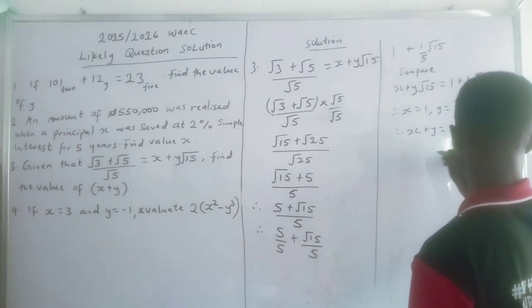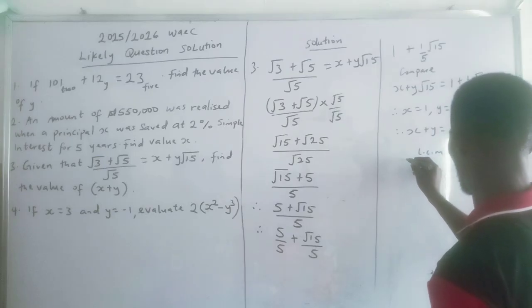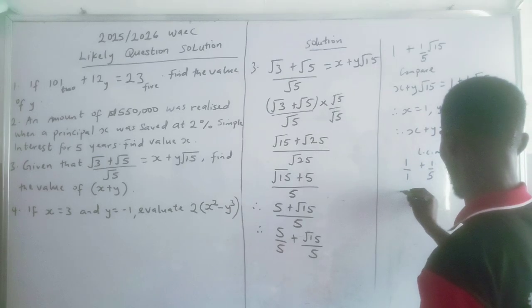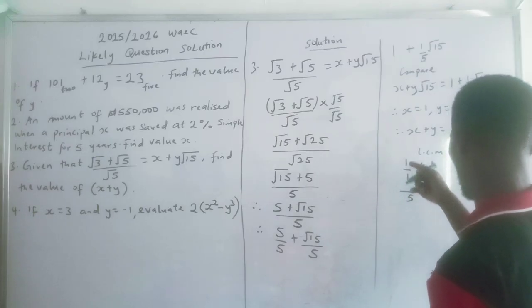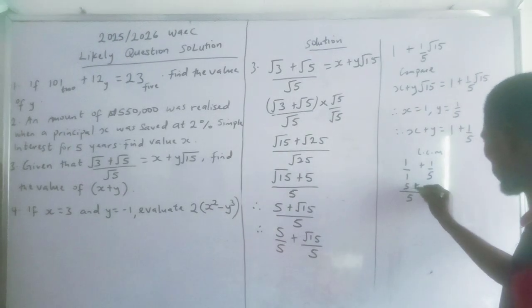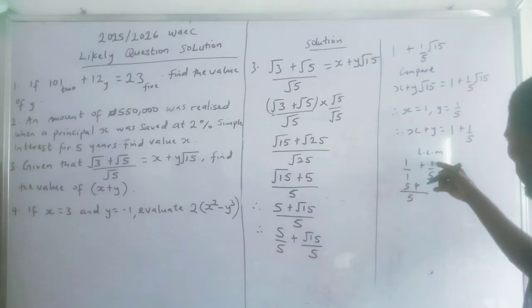So what are we going to do? We find the LCM. Now we have 1 over 1, then plus 1 over 5. So the LCM is 5. 5 times 1 is 5. Then plus, don't forget, 5 and 5 is 1, that will now be 1 times 1, which is 1.